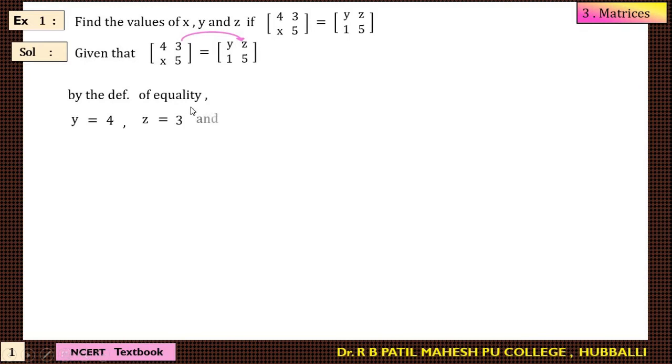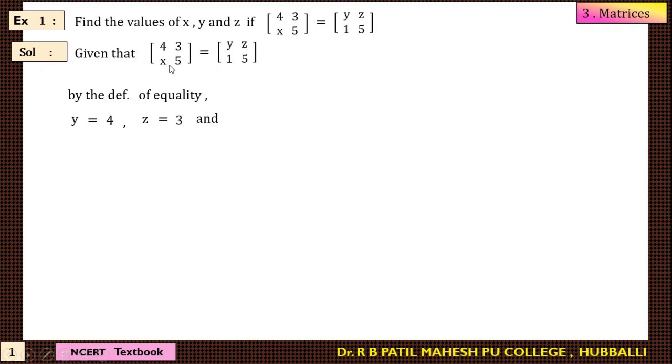And in the same way, in the position 2 1 of the left side matrix we have x, and in the same position on the right side we have 1.